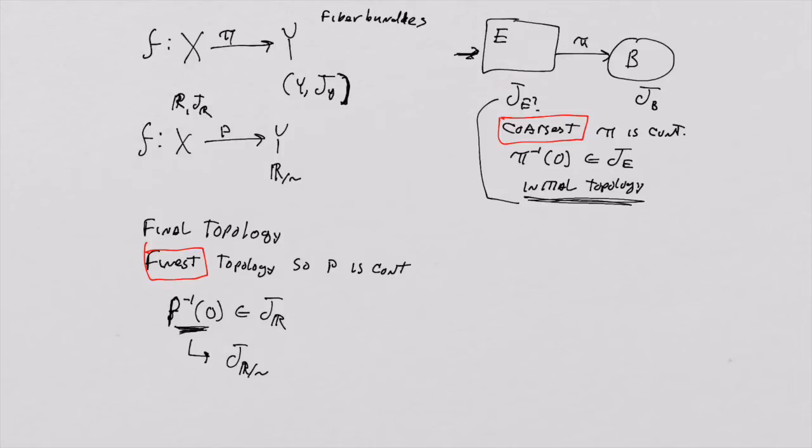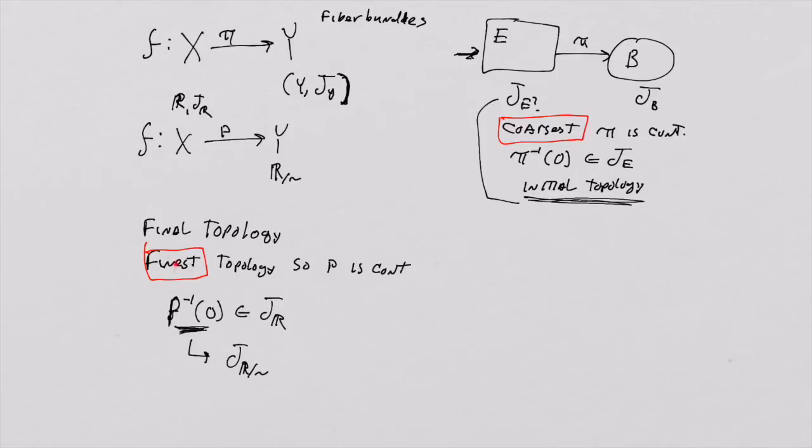In the initial case, you're dealing with the coarsest topology because you're sort of in the opposite situation. Right? You're looking for a topology here. Well, I could make this the discrete topology, right? And if I made this the discrete topology, every single inverse mapping would be open in E, and that's overkill. It doesn't really tell us anything. So we're looking for the coarsest, the roughest topology that allows this continuity in this case.